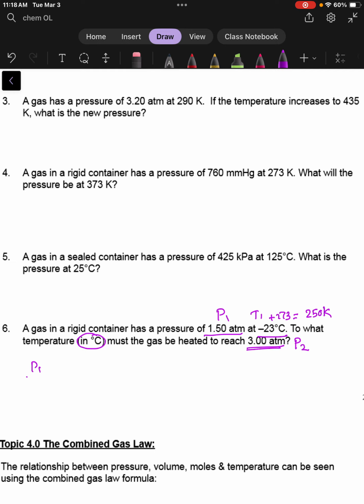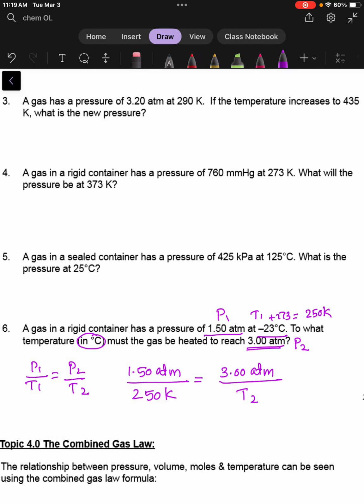This is P2, okay, then equation is P1 over T1 is equal to P2 over T2, right? Then P1 is 1.50 atm over T1 is 250 Kelvin and P2 is 3.0 atm, and temperature we don't know, just put T2.